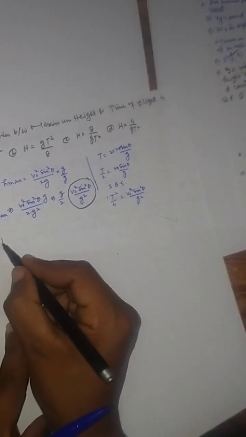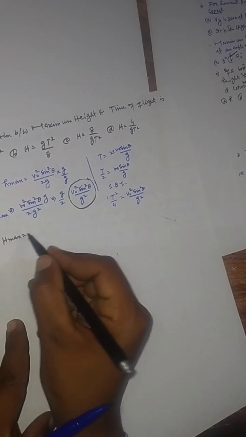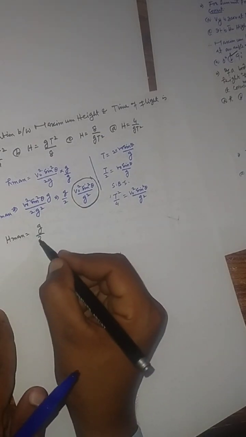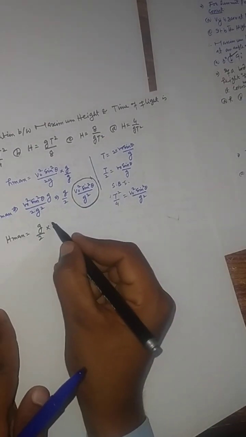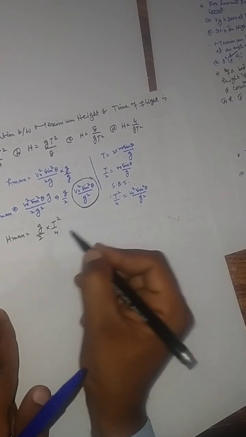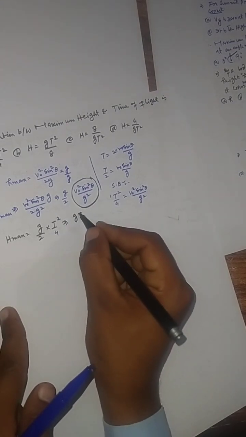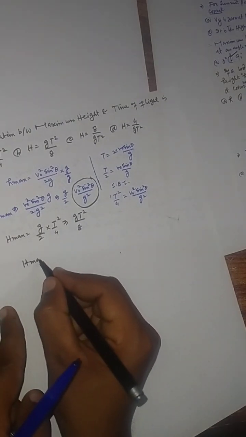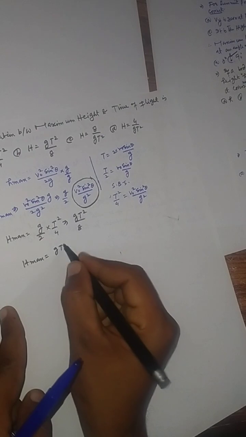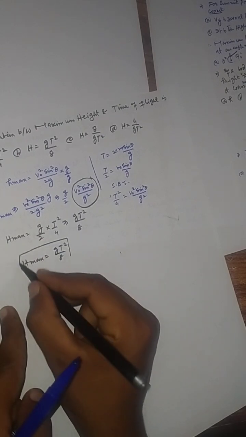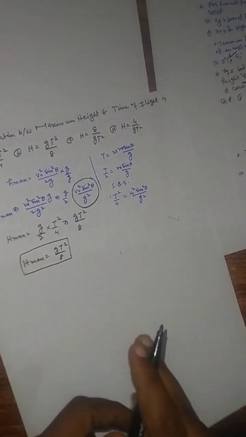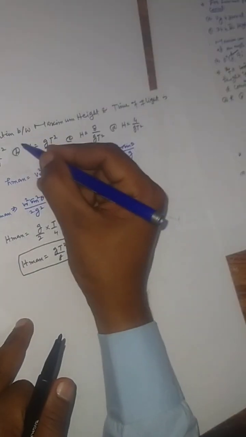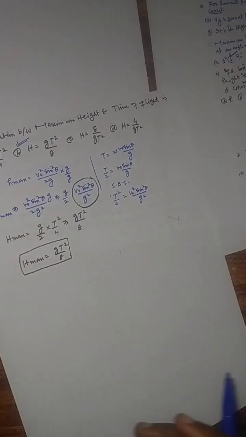So if we place this t squared over 4, we get g over 2 into t squared over 4, which equals gt squared over 8. The relation between maximum height and time of flight is gt squared over 8. So the correct answer is gt squared over 8.